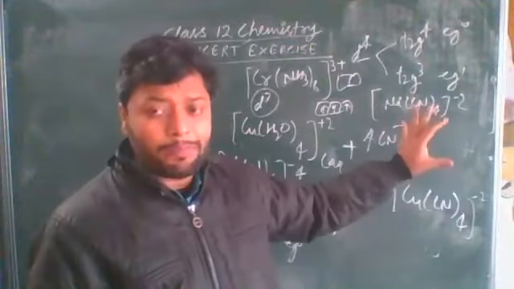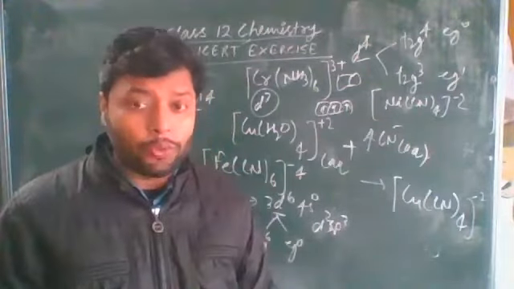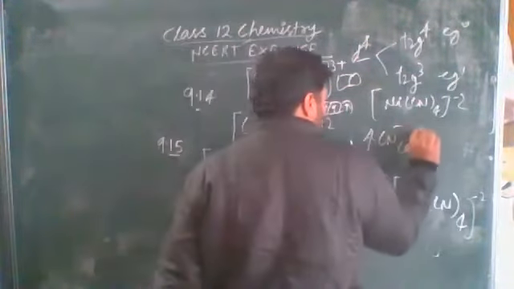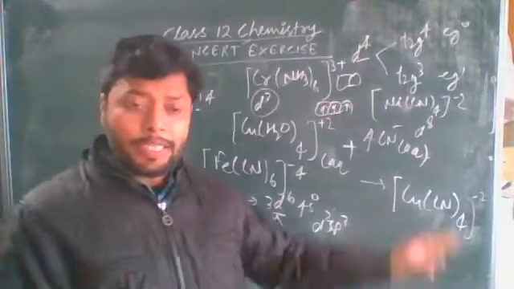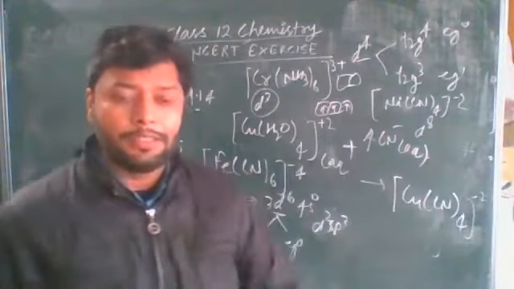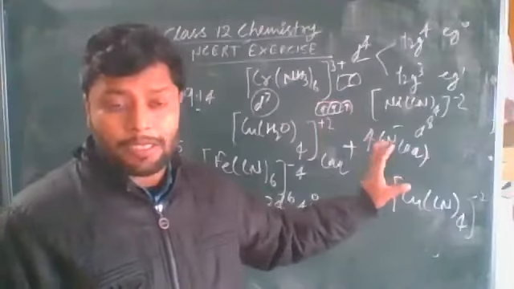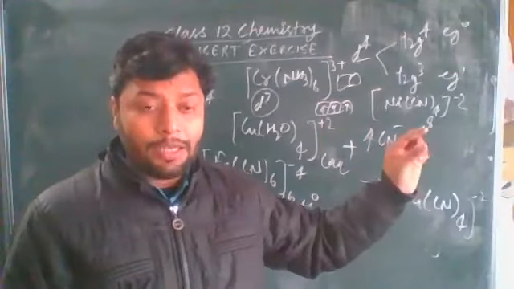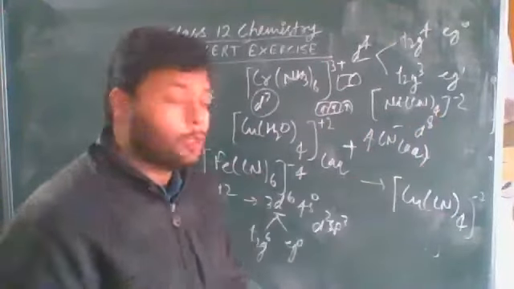In the case of Ni(CN)4 2-, the oxidation number of nickel is plus 2, that is called d8. In the condition of d8, all the electrons will get paired in the inner d orbital, and the last orbital of the inner d orbital will hybridize to give you dsp2 configuration.